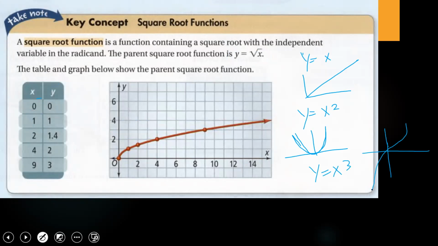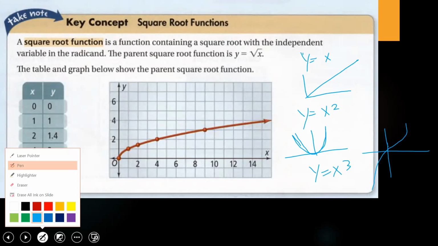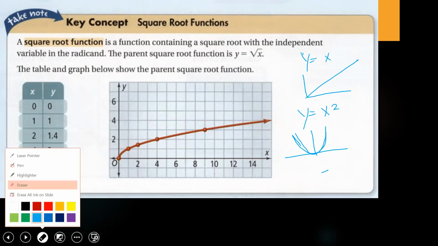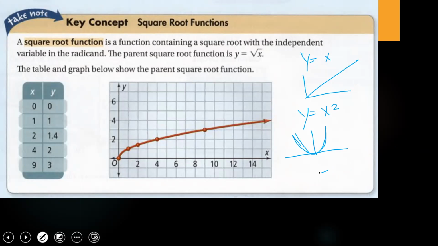What else did we talk about? Exponential function. Yes, teacher. How will the exponential function look? Teacher, it will not be straight, it will be in a curved way. It's going to be a curved line.